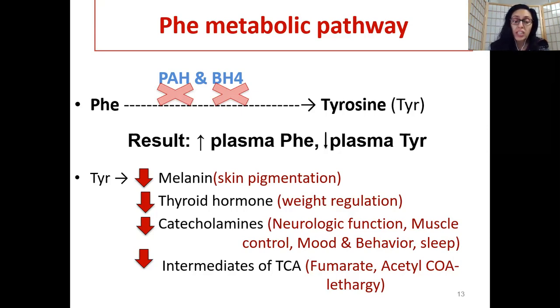So you have fatigue, you have lethargy, you have less amount of nutrients being metabolized for energy purposes, more fat storage, and on the contrary, you are highly likely to gain weight because you have thyroid hormone dysfunction. Does that make sense, guys? So these are the signs and symptoms which you see in PKU patients, which are secondary to low tyrosine levels in the body.